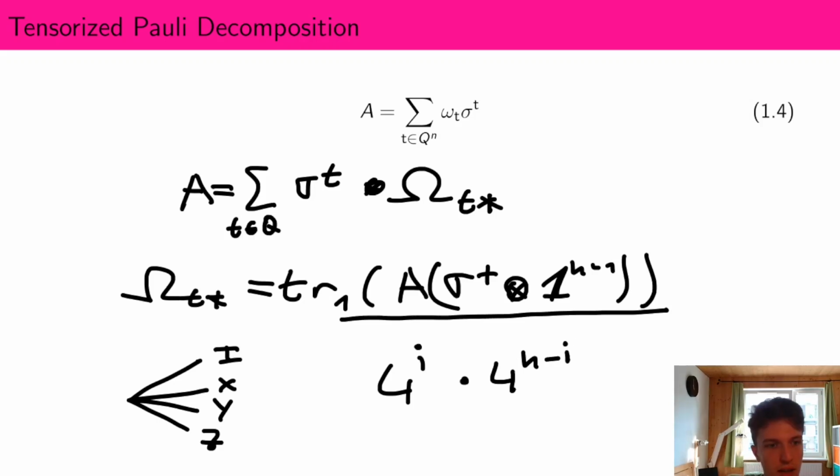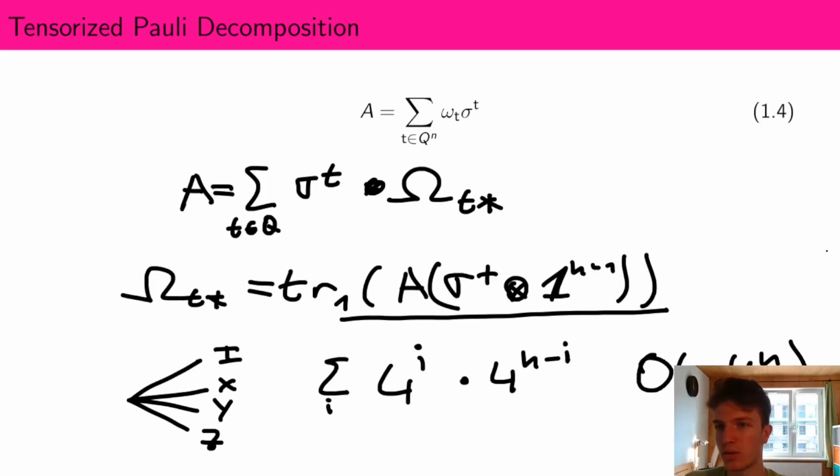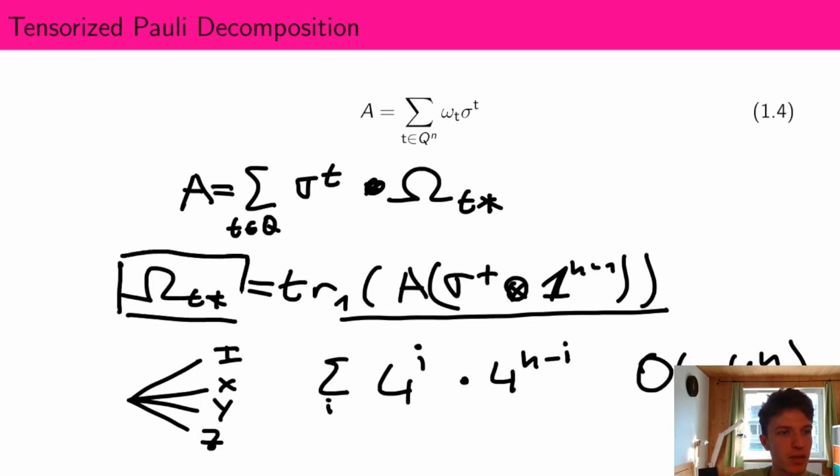And so summing this would result in something of the order of O of n times 4 to the n, which is by now also the optimized scaling achieved by other methods. But this method has the advantage that if one of those cumulative matrix weights would be 0, then we basically would cut the branch and reduce the computational cost by a lot.